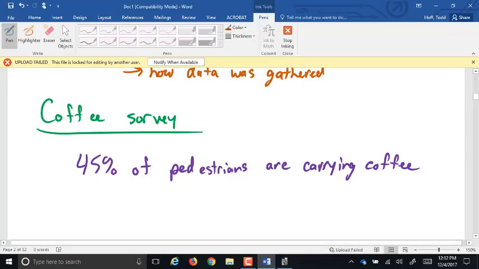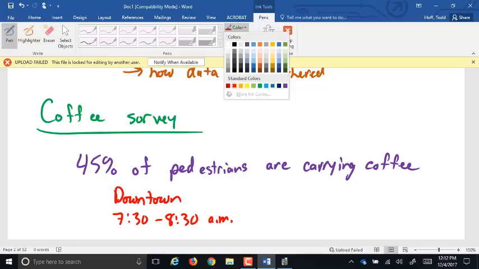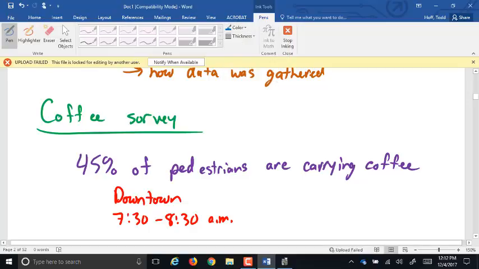Well, if you look at the details of the study, it was done in a downtown area, and between the times of, well, it just says 7:30 a.m. I read it at one point, it was 7:30 to 8:30 a.m. If we're looking at that, could these conditions affect it? Well, obviously it could affect it.